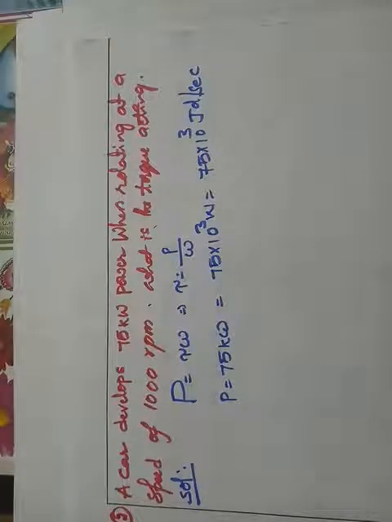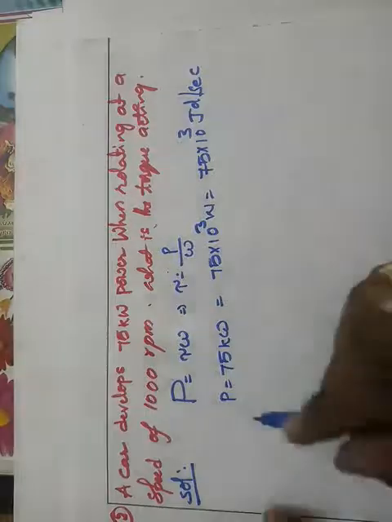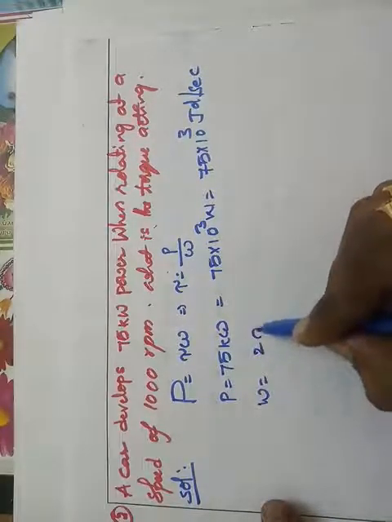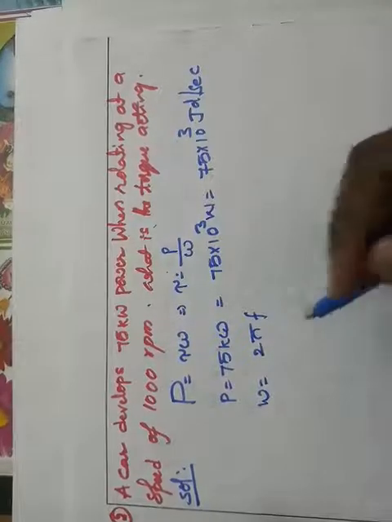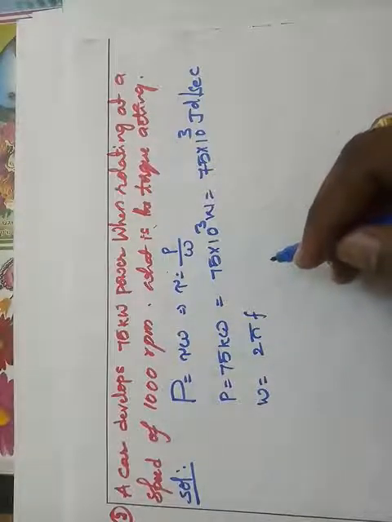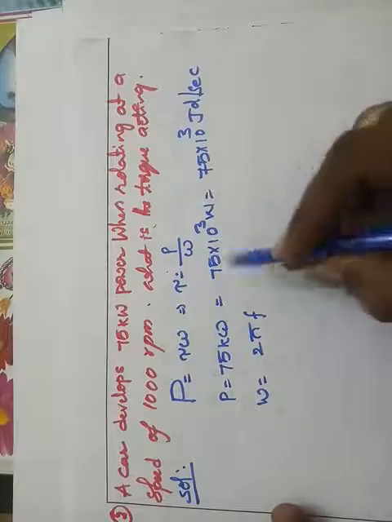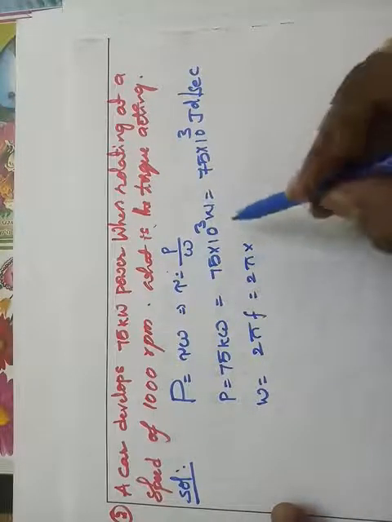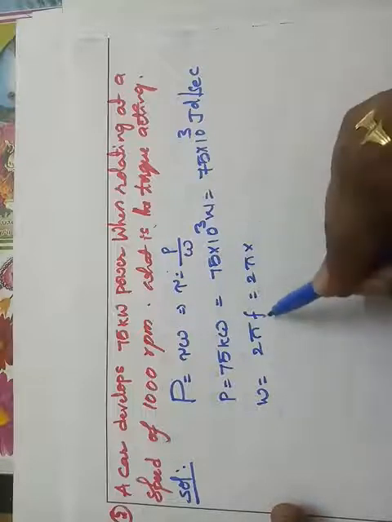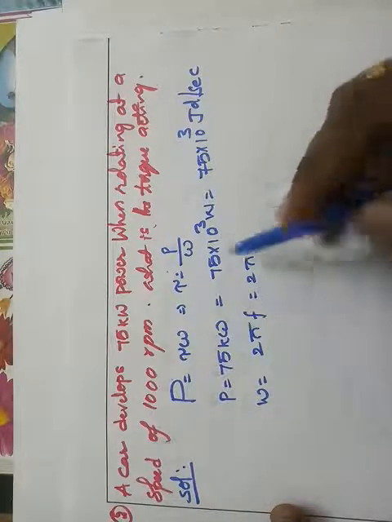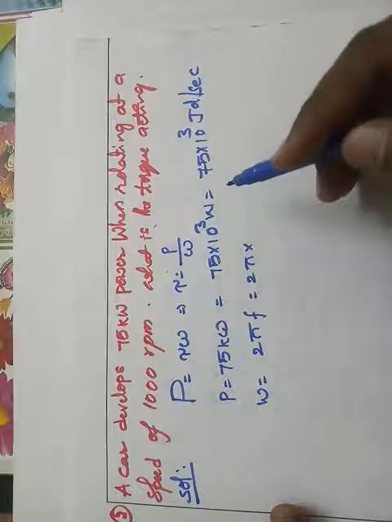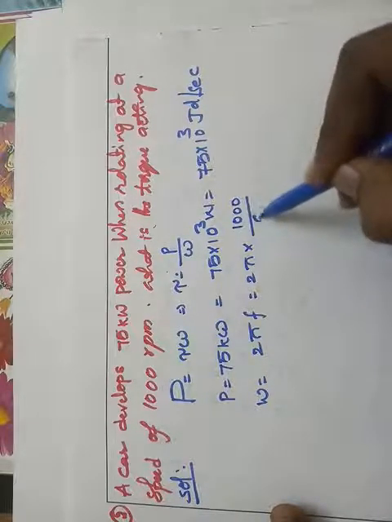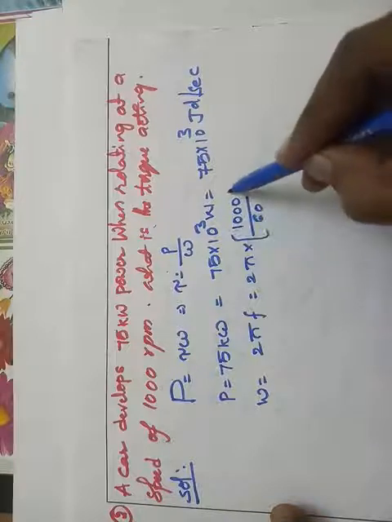Okay, now we know W. How can we write W here? W is equal to 2 pi f, where f is the frequency, which is nothing but revolutions per minute. So here we'll write 2 pi into f. The value of f here has to be taken in terms of seconds. So let us convert 1000 rpm: 1000 by 60 revolutions per second.